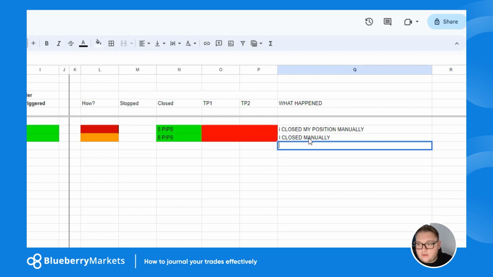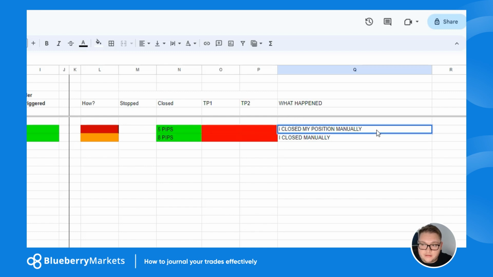The thing is as well, when we've said I've closed it manually, we want to come back to it at a later date, and I can come in and say would have hit TP1 and TP2. And let's say that happens the exact same for this one, but maybe not consecutively.